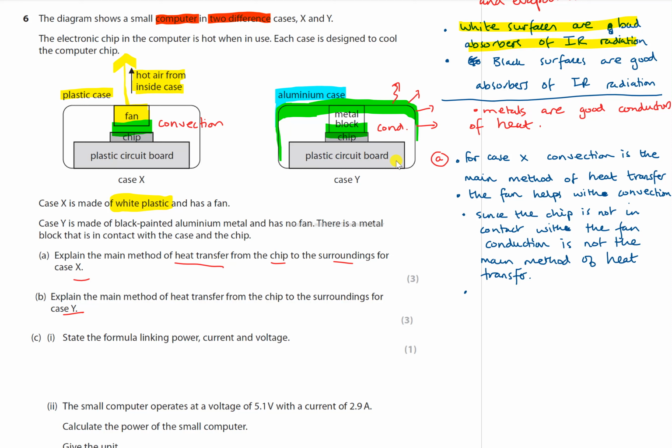Yeah, okay, so remember they've said it's a white plastic case, so we can say the white plastic case is a poor absorber and emitter of infrared radiation or thermal energy.